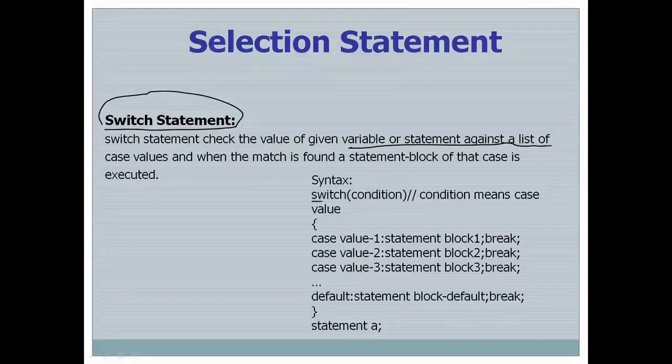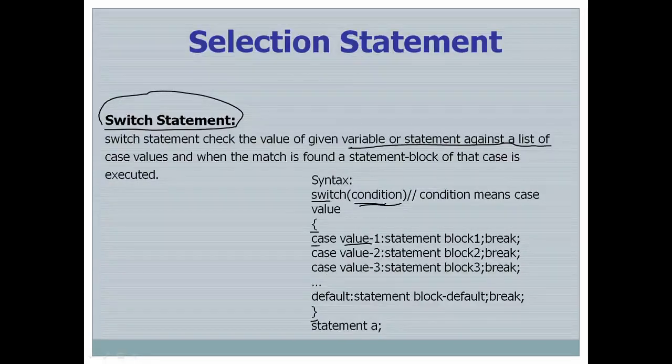We have switch condition. This condition may evaluate to some value, and that value is checked against the case values. Inside the switch curly brackets, we have a number of case values.